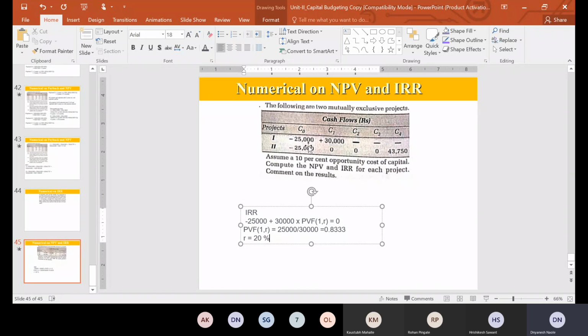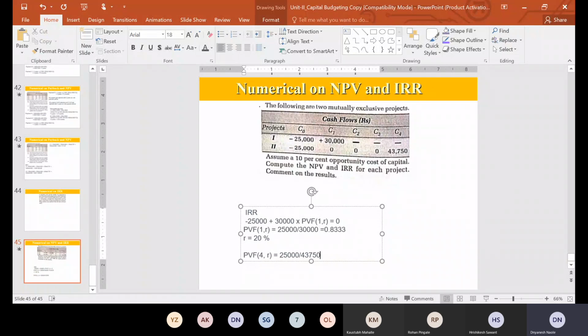In the second case it will be present value factor in the bracket. यहाँ पे कितने साल हो गए? 4 साल के बाद में है वो. 4 years, and this is R. This is equal to 25,000 divided by 43,750.